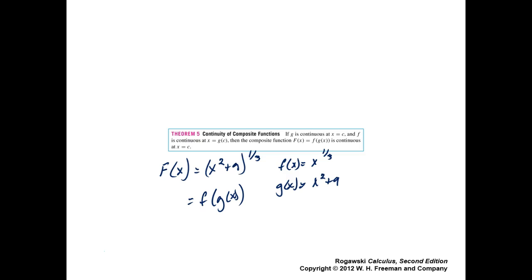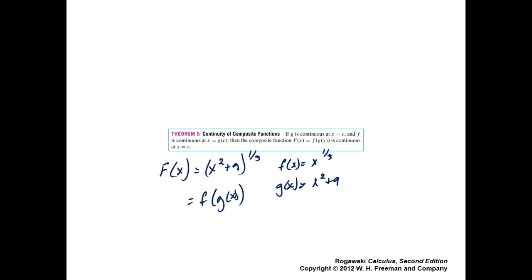Now your f function is a cube root function. Where are cube root functions defined? All real numbers. Okay, you got it. If that is a square root, only positives. Cube root, because your index is odd, all real numbers. So therefore, this is defined for all real numbers.